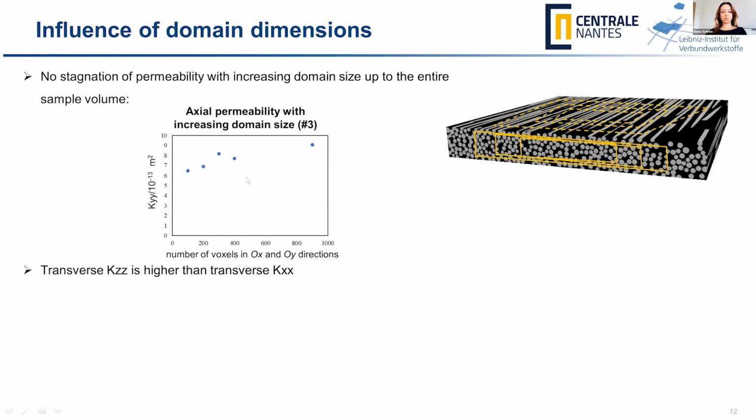However, what we can see on this graph is that it was not the case. We didn't have any stagnation in the permeability calculated on the subvolume. So really the whole sample had to be taken to calculate the permeability.